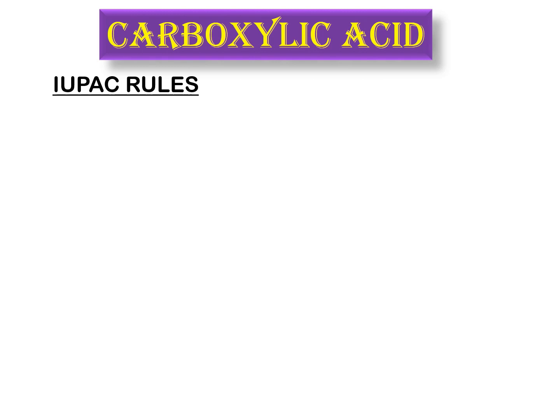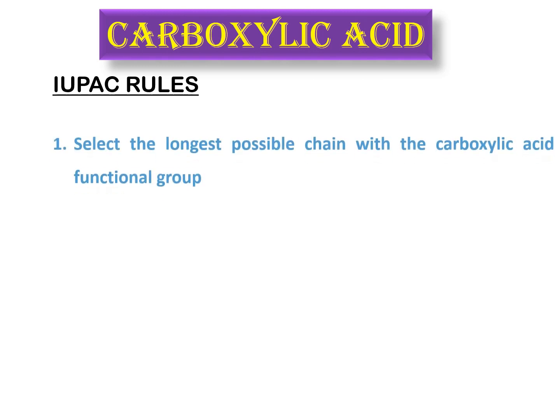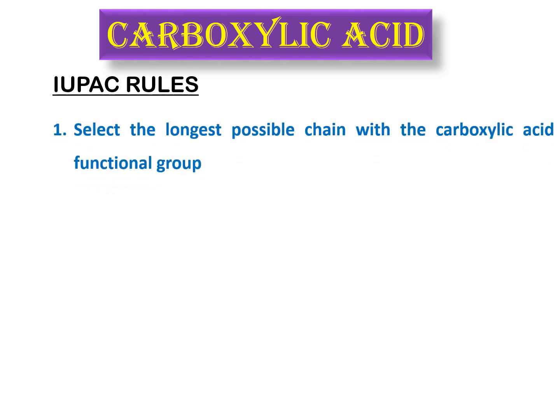So if such functional groups appear in the presence of a carboxylic acid, then the carboxylic acid will be the major or the parent functional group. In other words, the name of the compound will be according to the carboxylic acid functional group. So let's start with how IUPAC names carboxylic acids.